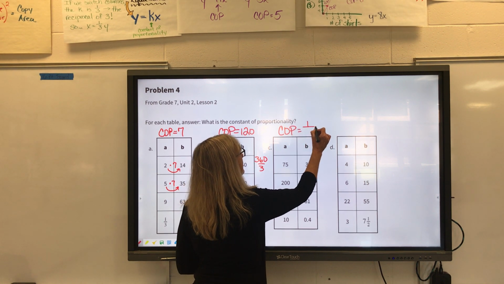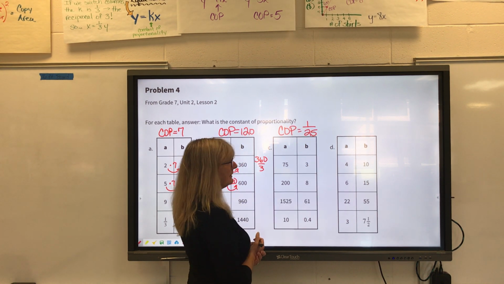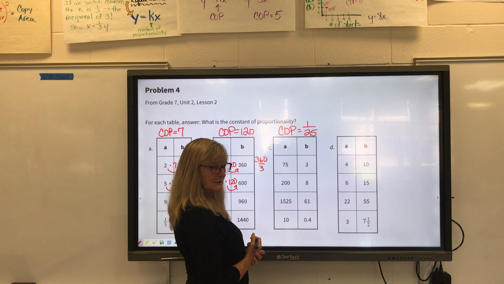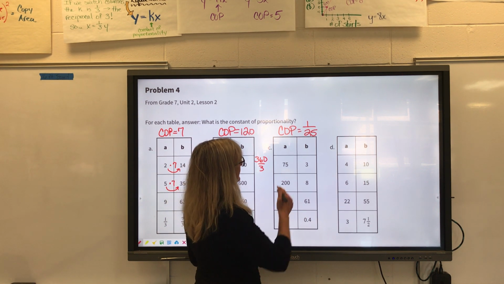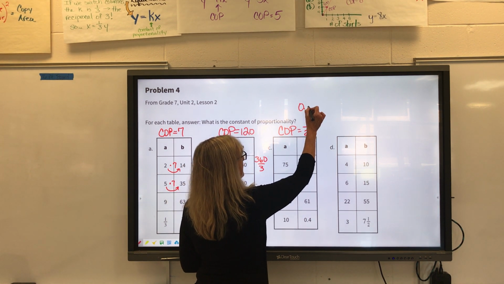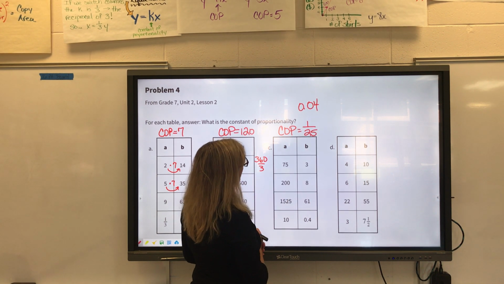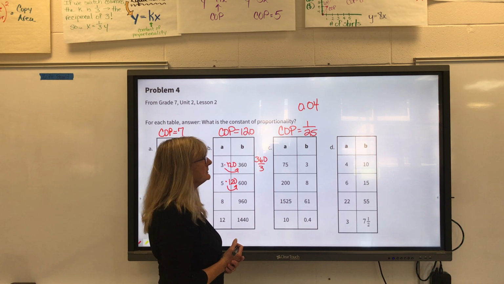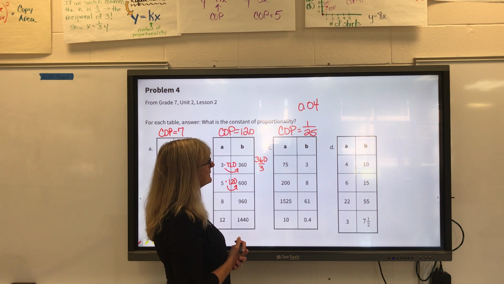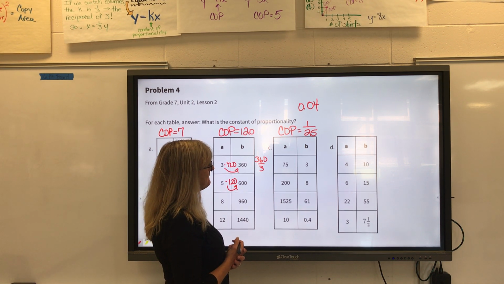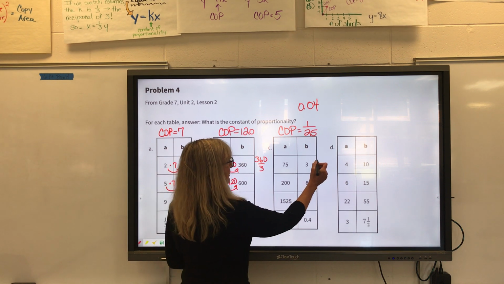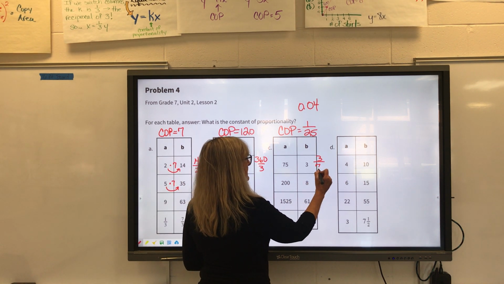Okay. It could also be 0.04. Either one will work. And you got that by doing 3 divided by 75.